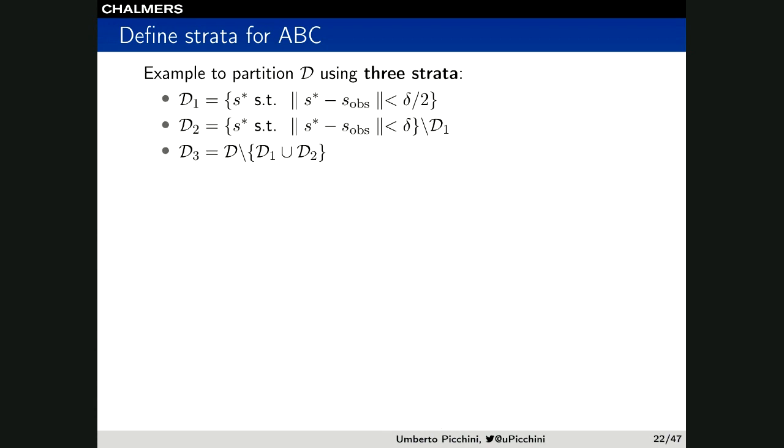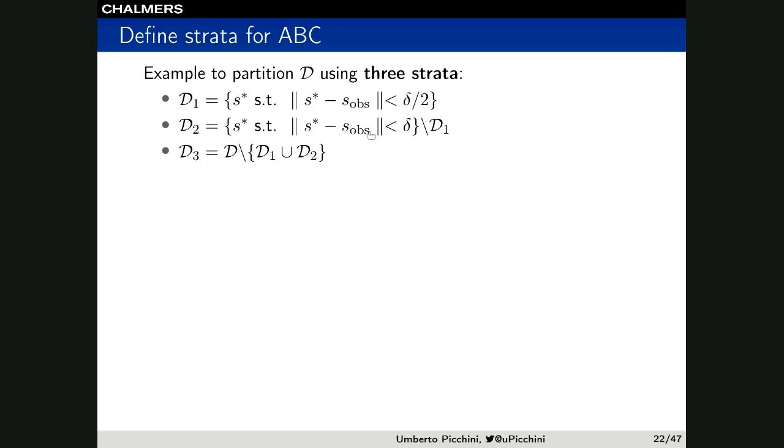So a very trivial way to do this is to say, okay, we have our ABC threshold. We could define the strata in the following way: the set of simulated summaries that fall within a certain radius of the observed ones. This is the most internal stratum.